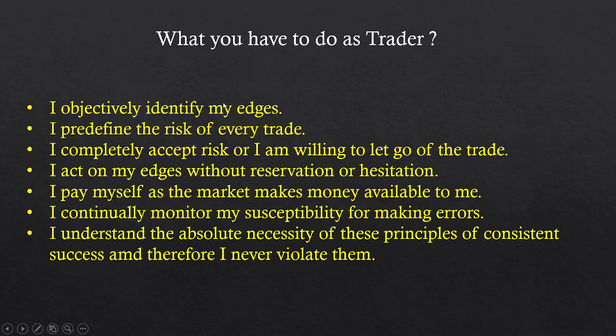Now at the end, what you have to do as a trader, it's simple. You will ask yourself: do I objectively identify my edges? You will follow your strategy, you will follow your system, you will identify your setups, your edges. You will first identify them, then you will predefine the risk of every trade, like 1% risk per trade or 0.5% risk per trade. You have to predefine that risk per trade.